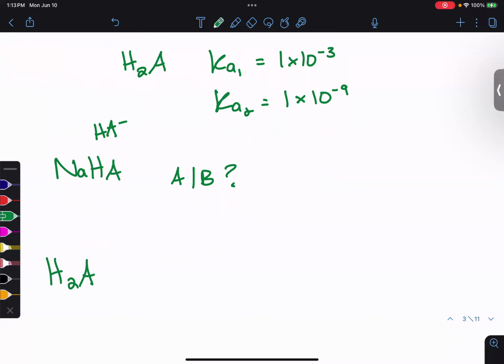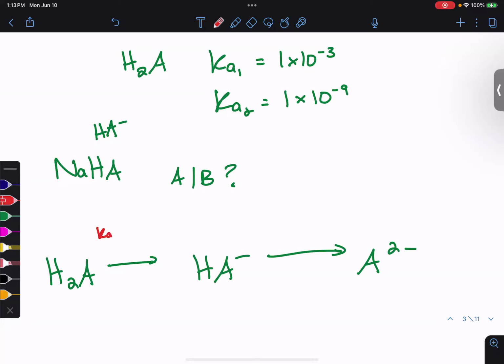H2A can lose 1 proton to make HA minus. It can lose another proton to make A2 minus. This is Ka1 and Ka2. So Ka1 is 1 times 10 to the negative 3. Ka2 is 1 times 10 to the negative 9. Now let's think about the conjugates, all right? If we work backwards, when A2 minus gains a proton, when it acts like a base, this is Kb1.